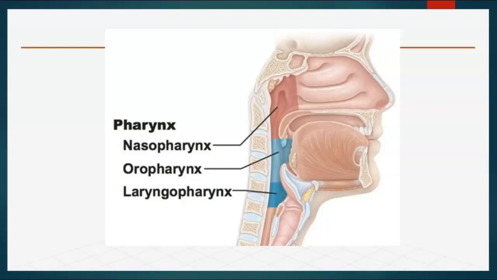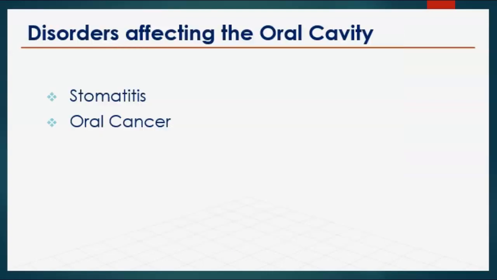So when there's an issue with this area, you can see problems arise with both gas exchange and with digestion. So we're going to talk about stomatitis and oral cancer specifically in this particular section.